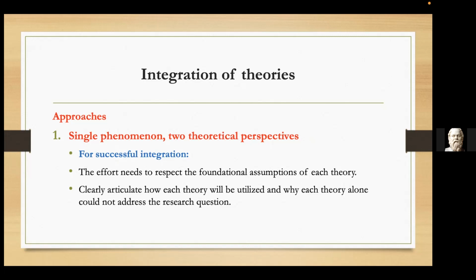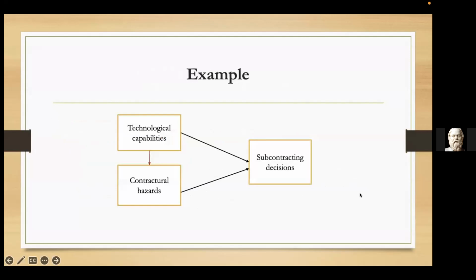Don't forget, it's not a matter of marrying one variable with the other. Be mindful of the circumstances that hold their existence. Then secondly, articulate how each theory will be utilized and why each theory alone cannot address the research question, like we did.